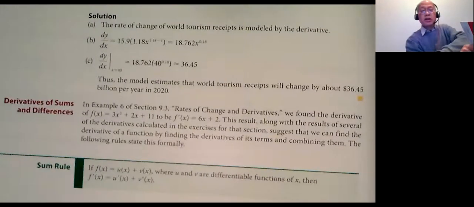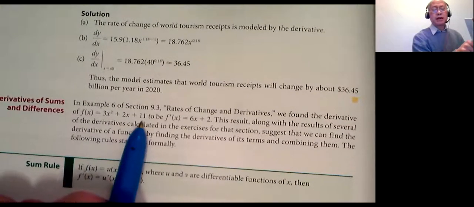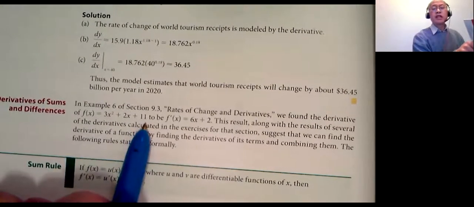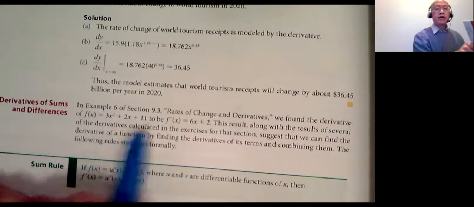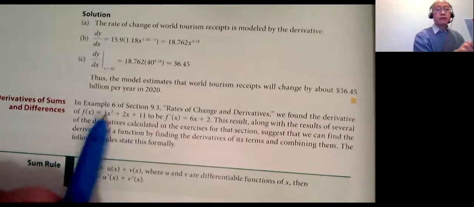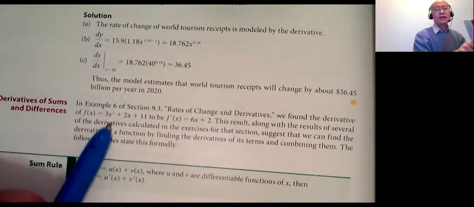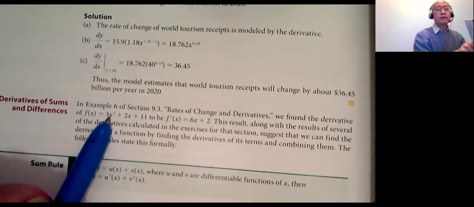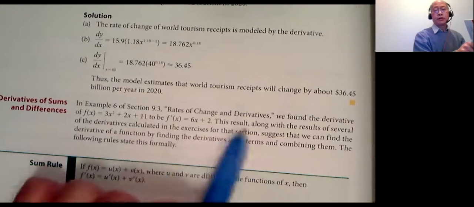Okay, and look at the example they gave us: 3x squared plus 2x plus 11, right? So how do you differentiate? Take the derivative of the whole thing. Just give me the derivative of that, plus the derivative of that, plus the derivative of that. So the derivative of 3x squared is 6x to the 1. Derivative of 2x is 2. Derivative of 11 is 0, so you don't have to write it.